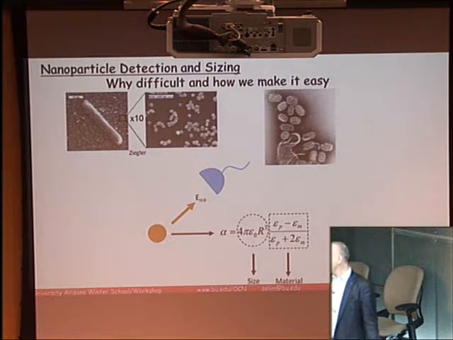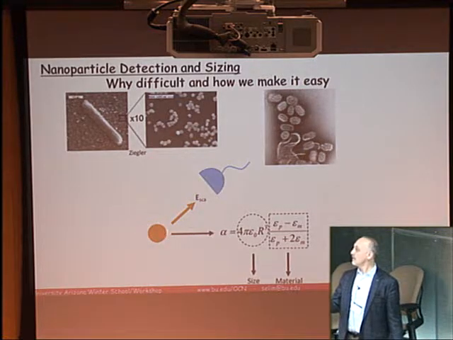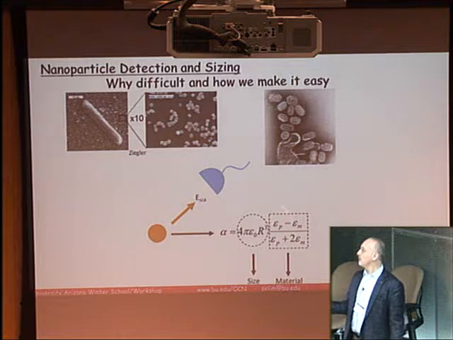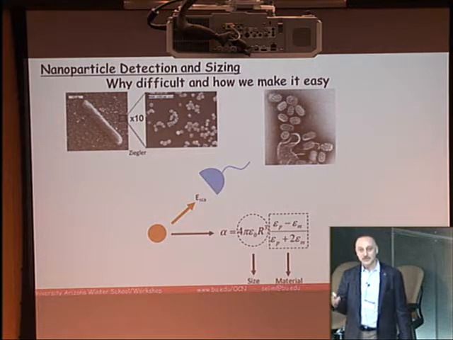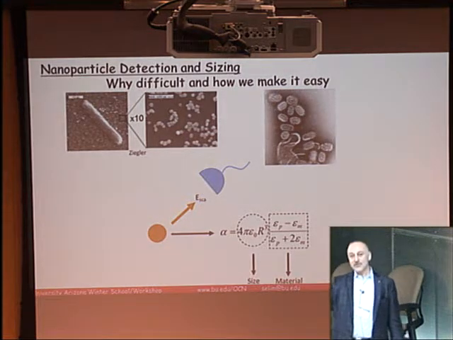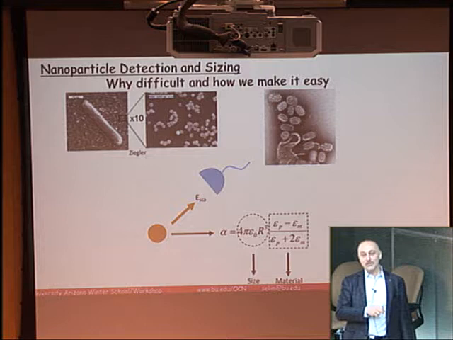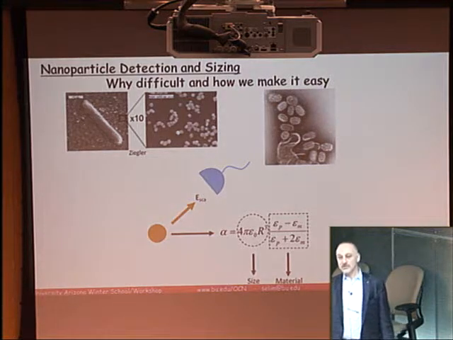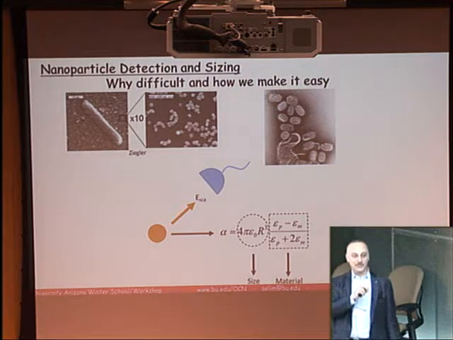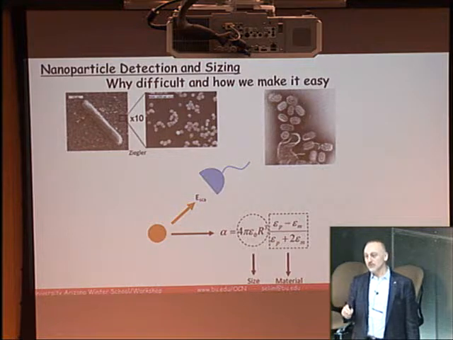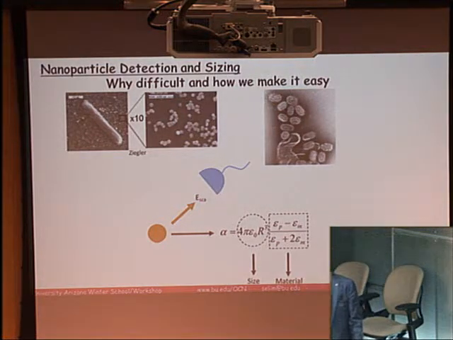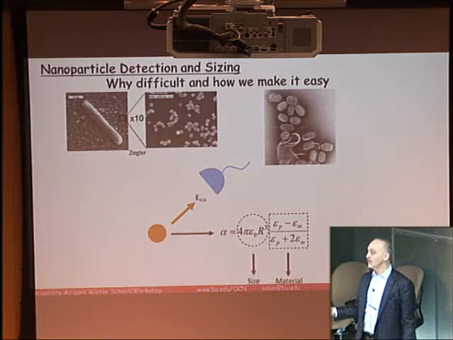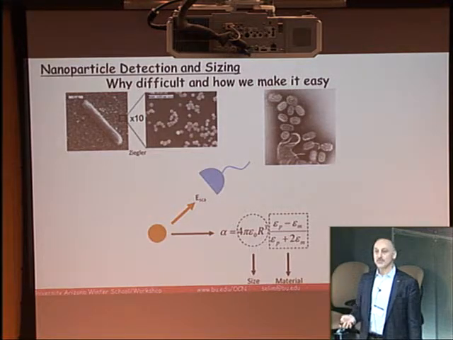And the scattering scales with the volume of the particle. And you observe intensity in the far field, so you take the square of this, you end up with r to the 6 dependence. What that means is that if an object is 10 times smaller, it is 1,000,000 times less visible. So typically, when you try to see things like viruses, and they have small refractive indices also, they blend in the background, they cannot be seen.